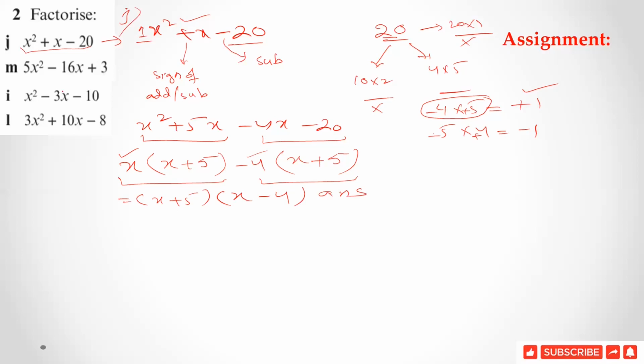Same way we shall apply with M, right? So M is 5x square minus 16x plus 3. Now I have to multiply 5 with this 3. So multiply them and you get 5 times 3 is 15.